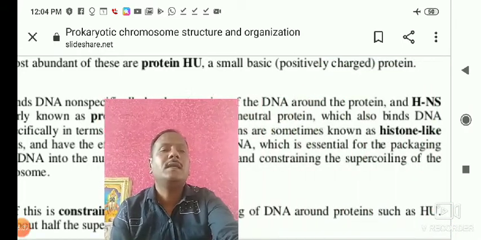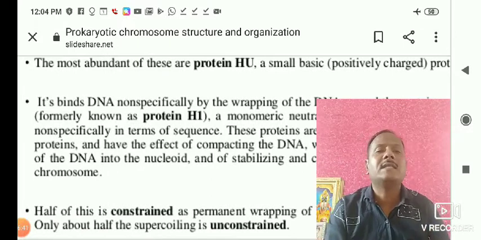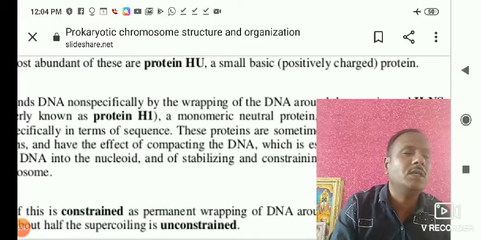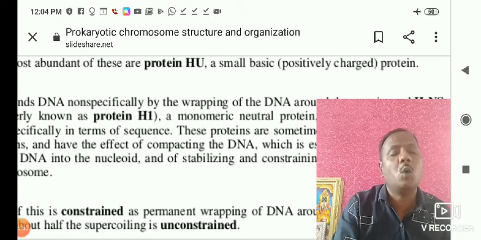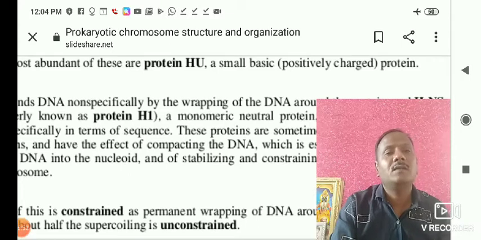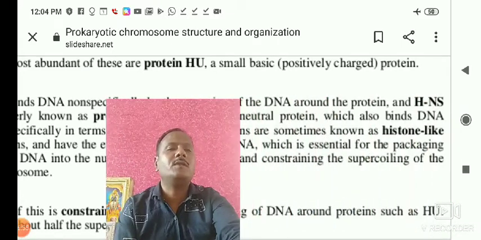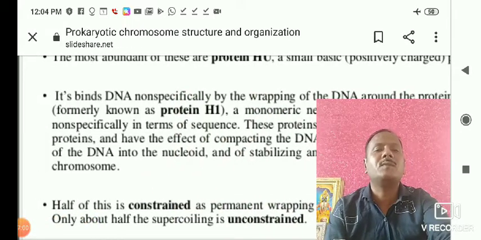And so DNA around the proteins, such as H-NS, formerly known as protein H1: it means that a number of proteins are present, and each protein has a specific activity, a specific role. On the basis of that, they are also given a specific name. The monomeric neutral protein also binds the DNA non-specifically in terms of sequence.